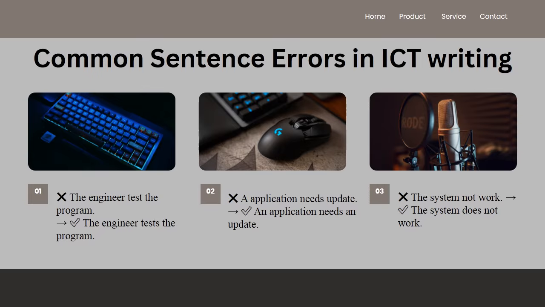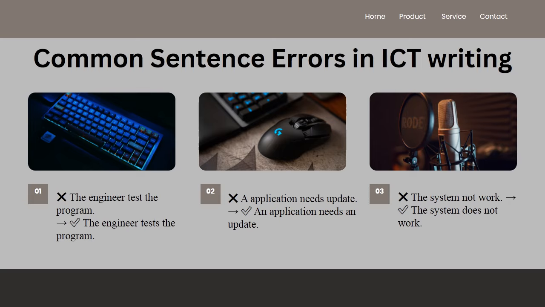You need to know the common sentence errors in ICT writing. Let's review a few typical mistakes. Notice how a small change can fix the entire sentence. Always make the subject and verb agree. The engineer tests the program.